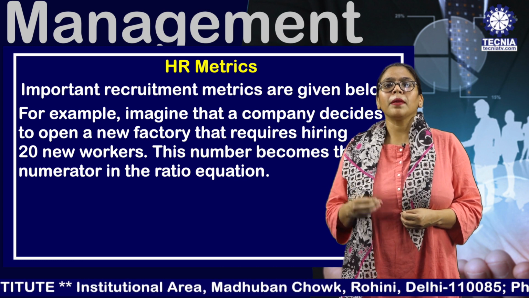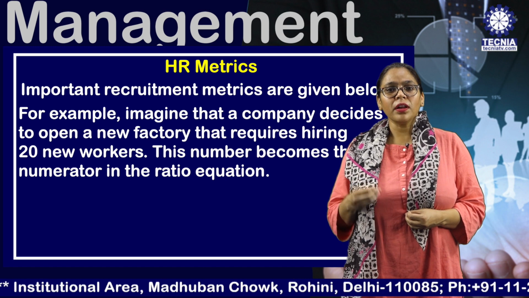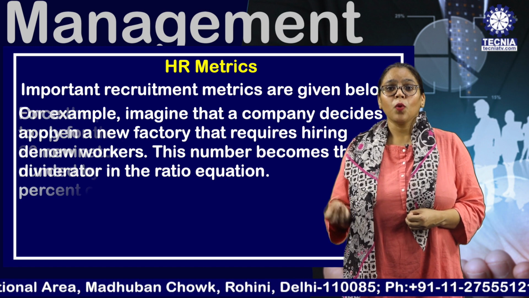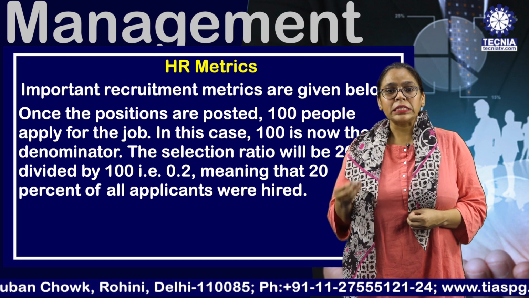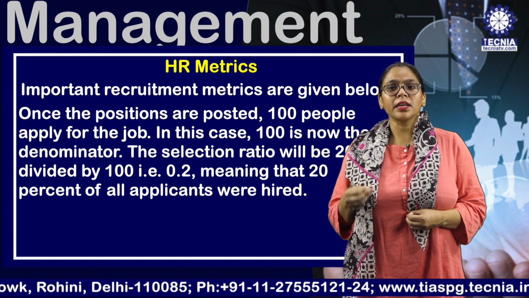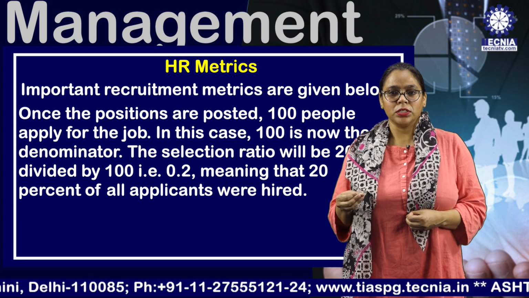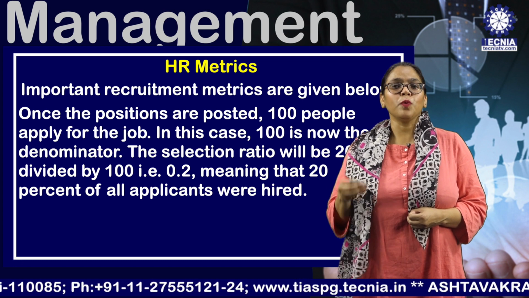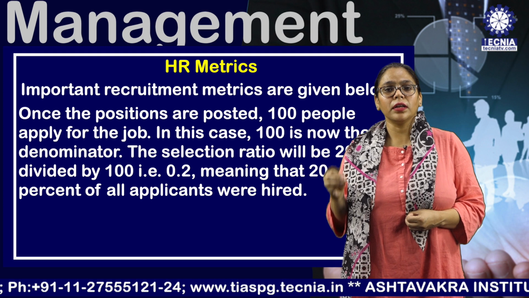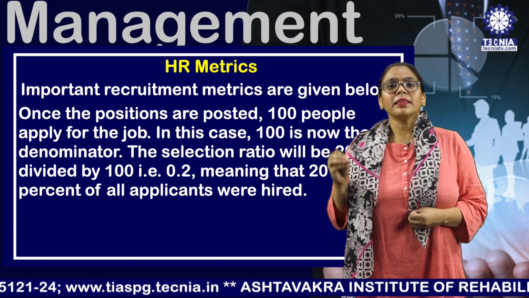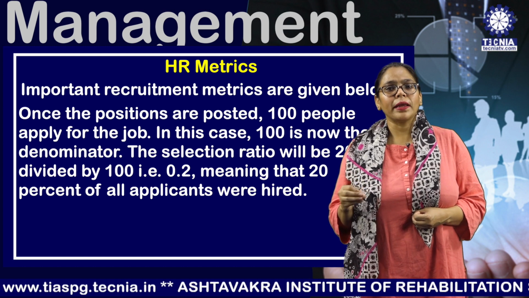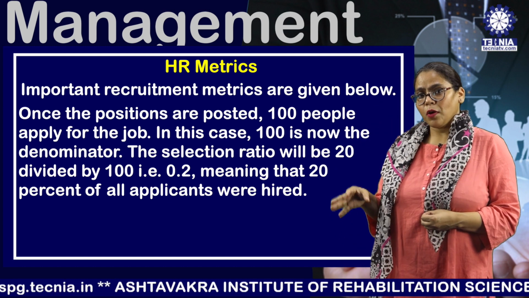So this number becomes the numerator in the ratio equation. Once the positions are posted, 100 people apply for the job. In this case, 100 is the denominator and the selection ratio will be 20 divided by 100, that is equal to 0.2, meaning that 20% of all applicants were hired in this entire process.